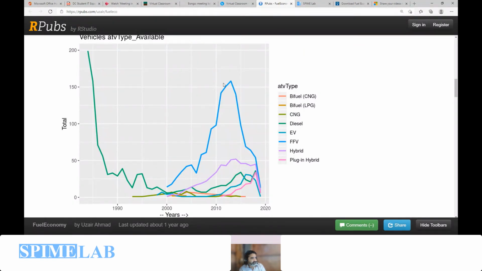So this trend came and went down. The diesel type engines started to decrease over the years, and after year 2000 there is a slight uptick in diesel type, etc. So you are going to describe these insights in your summary of EDA.